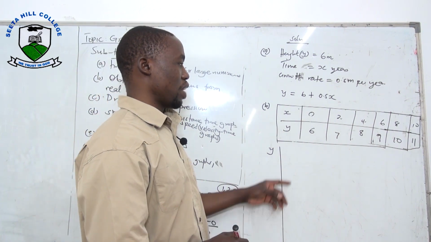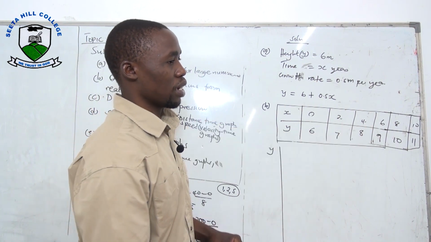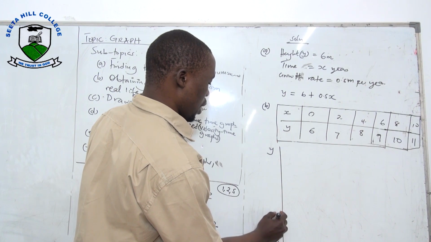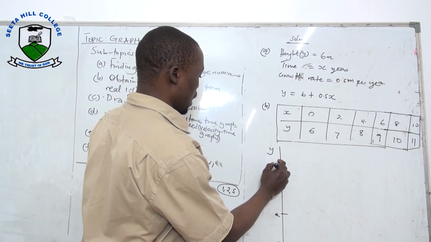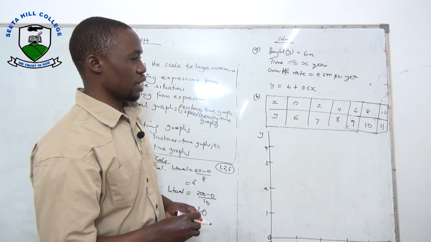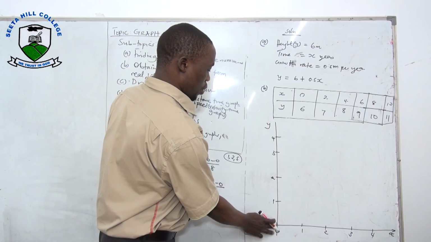Vertically, we also start from 0, I think, because this is 11. 0, 1 up to 11, not so? Yes, it will fit. Will it fit? Or there will be many? We start from 1.